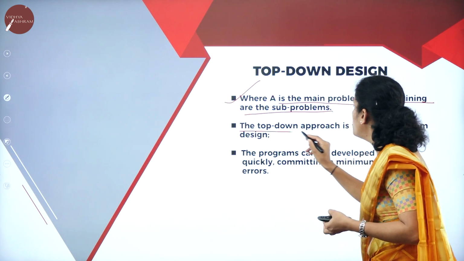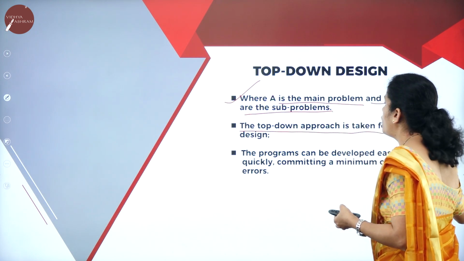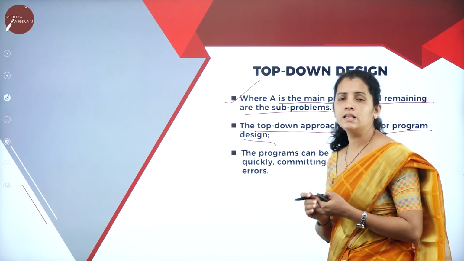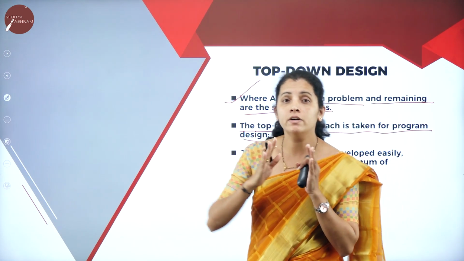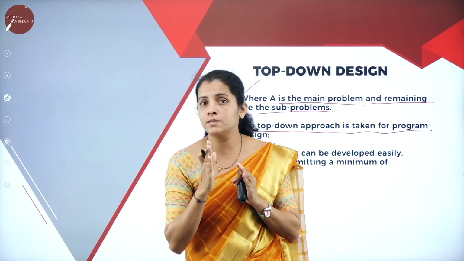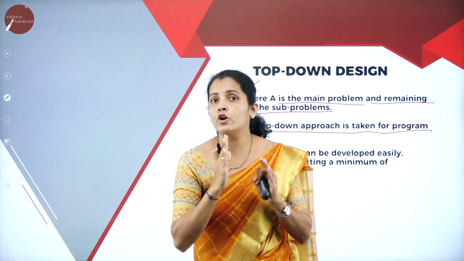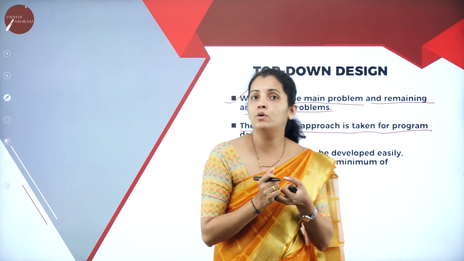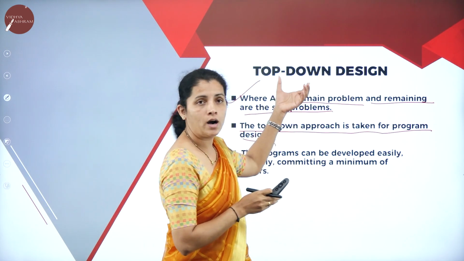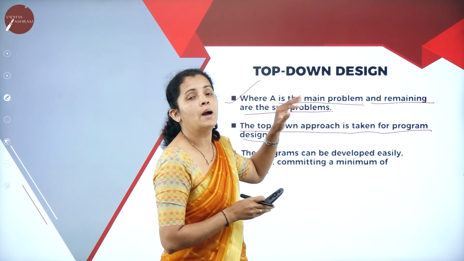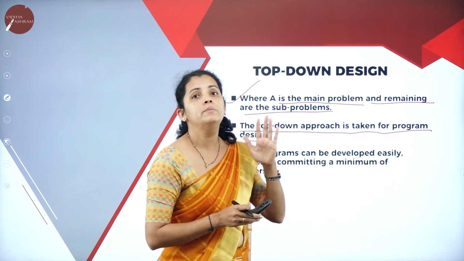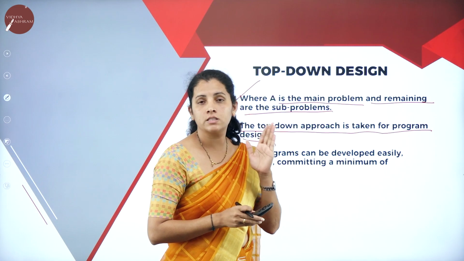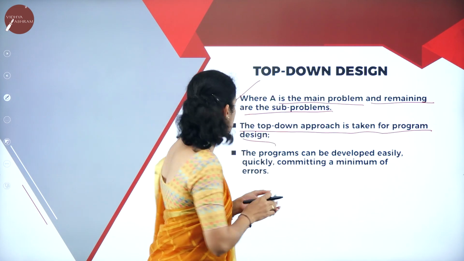Here, the top-down approach is taken for program design. That means whenever I have a large and complex problem and I'm not sure about the solution, at that time I can use the top-down design. That means I split the problem into smaller subtasks or modules.